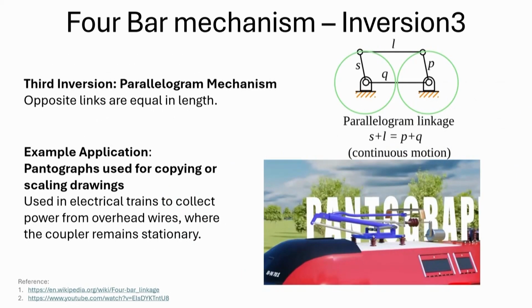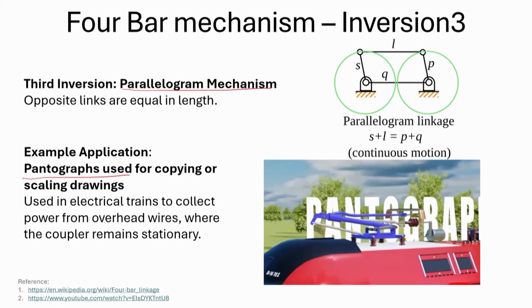Now, I go to inversion 3. Inversion 3 is called the parallelogram mechanism, something that is used in pantographs for example, or also for copying and scaling. Today, we may not be using this, but for engineering drawing, the drafter is something which has a similar mechanism, that is the parallelogram mechanism.